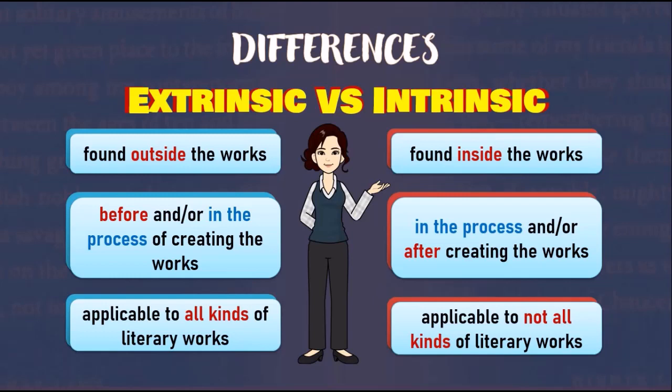So the intrinsic elements for poetry will be much different from those of prose and drama. For example, in poetry you will have imagery, the rhythm, the rhyme, etc. So those are the differences between the extrinsic and intrinsic elements.